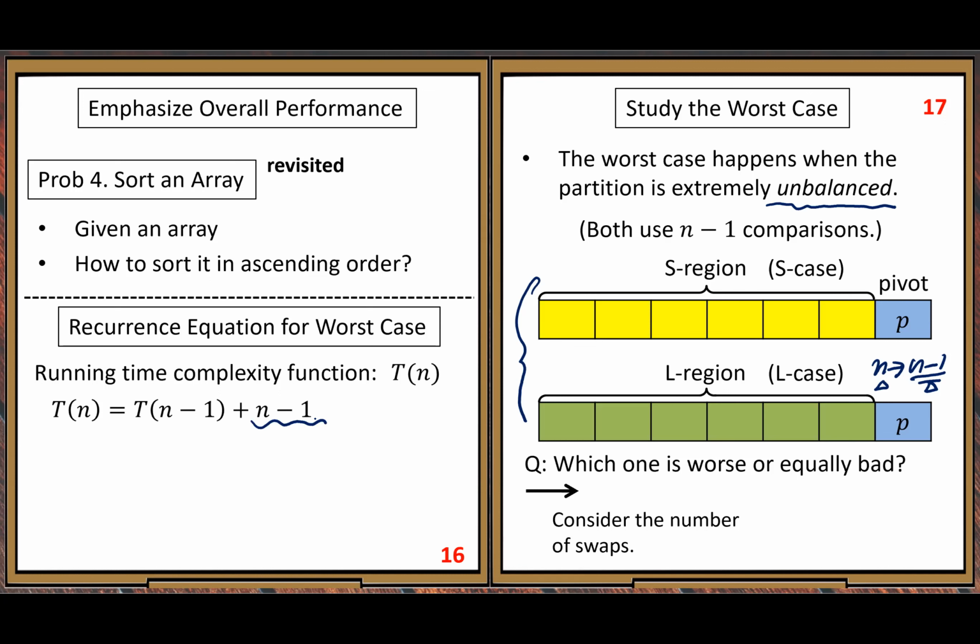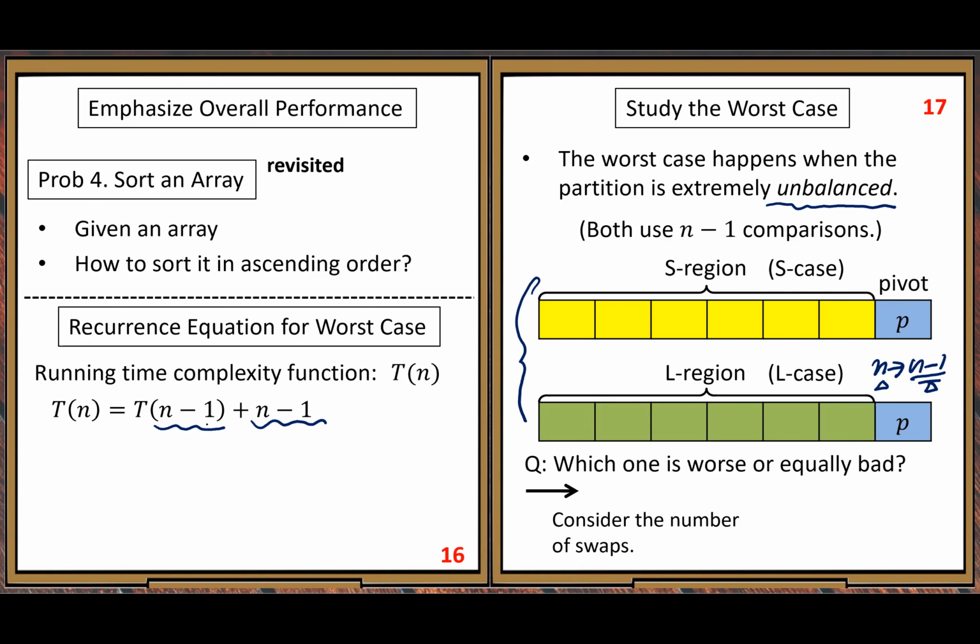After we spend this cost, n-1 comparisons, we just reduce the problem size by 1, and we need to apply the recursion on this slightly reduced problem. So that's the recurrence relation.